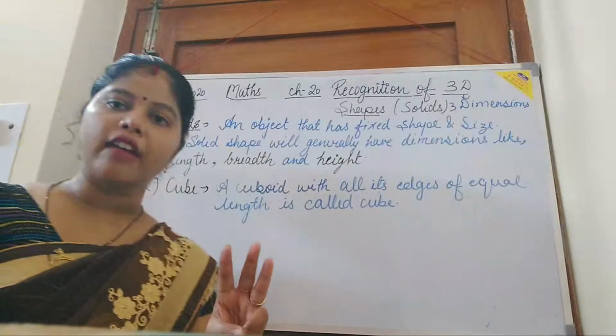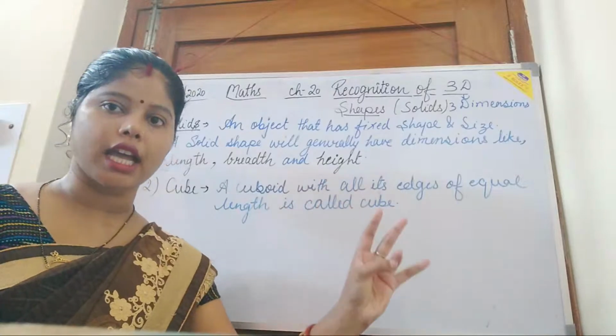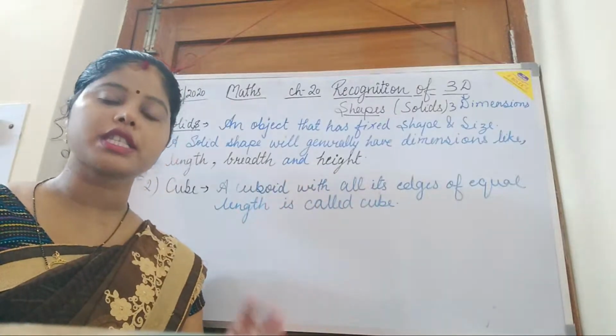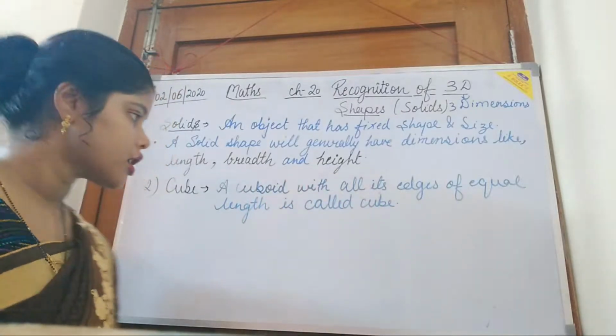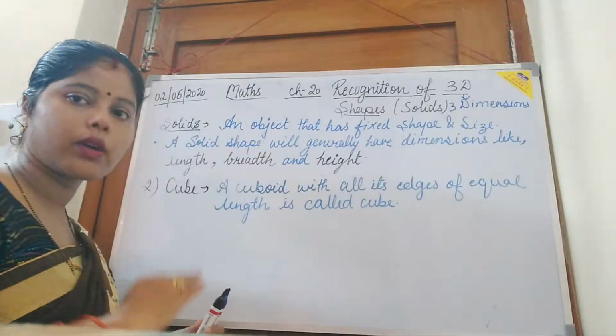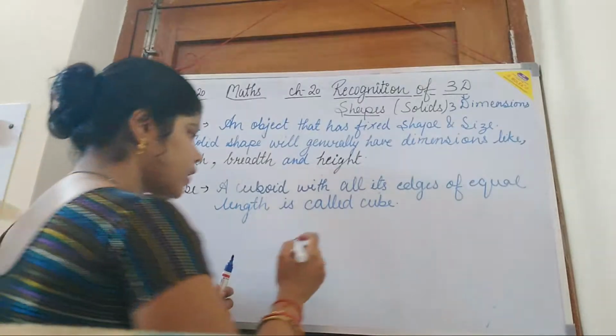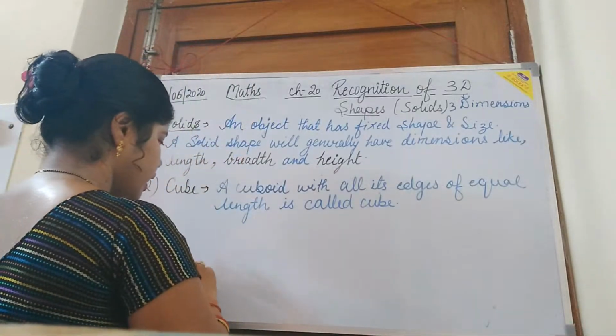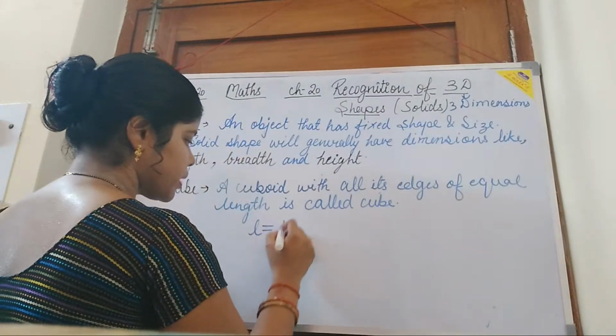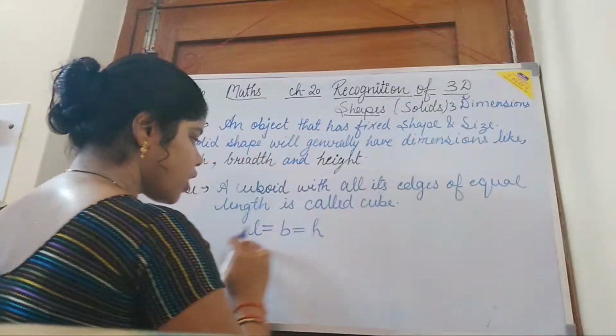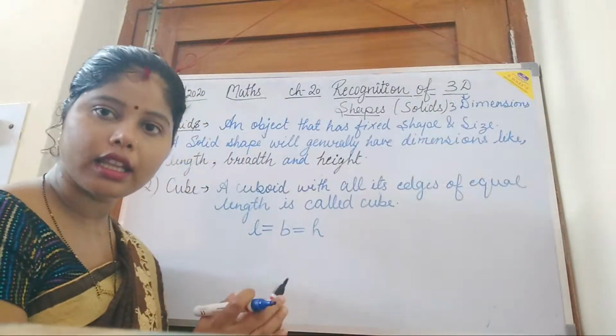In a cuboid we have 3 dimensions: length, breadth and height. Here all 3 dimensions are equal in length, so length equals breadth equals height.